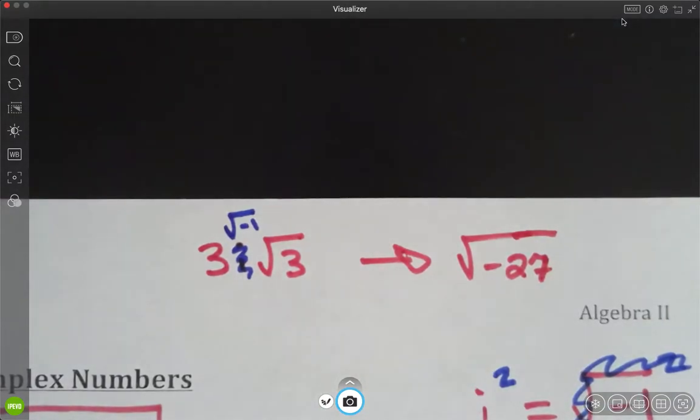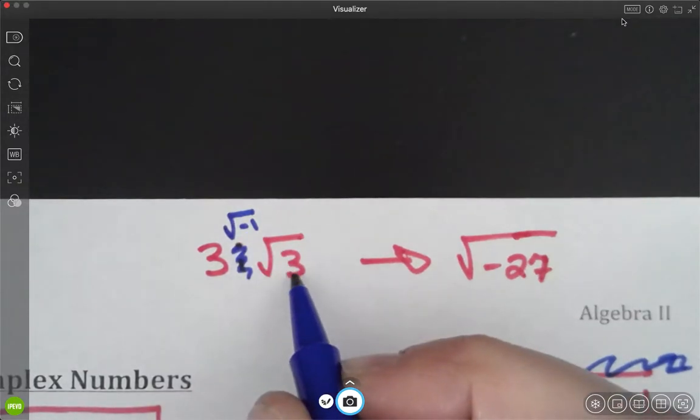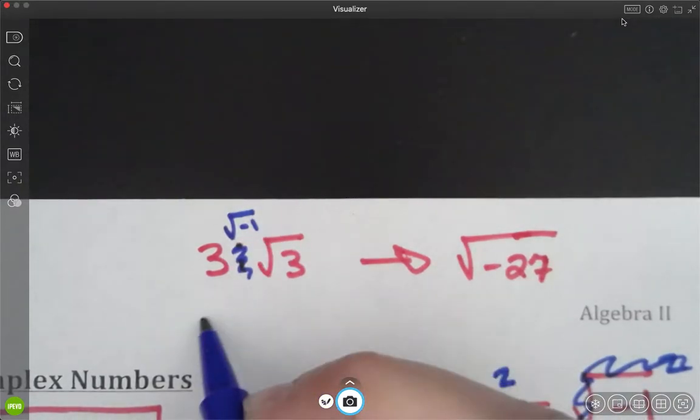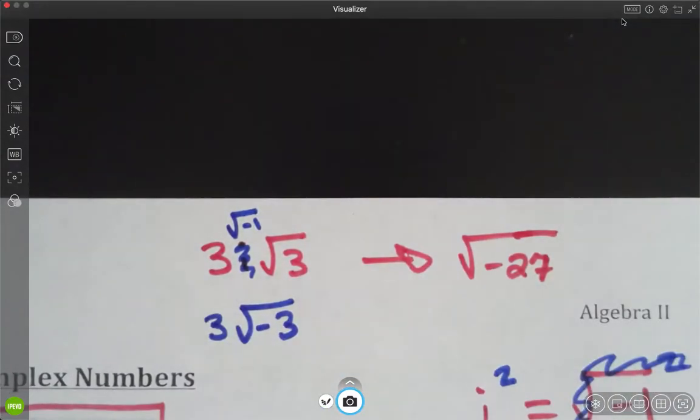Okay? So if I multiply the square root of negative 1 and the square root of 3 together, this will be like 3 square roots of negative 3, right? You buy that? Negative 1 times 3 is negative 3. Now, just wait.